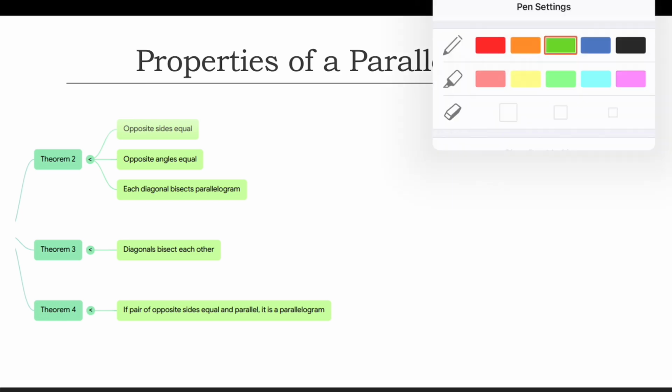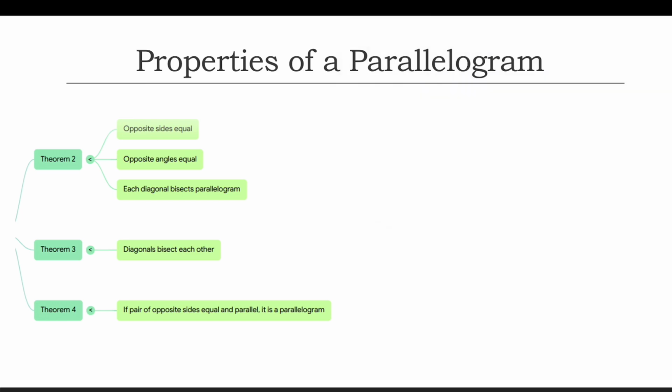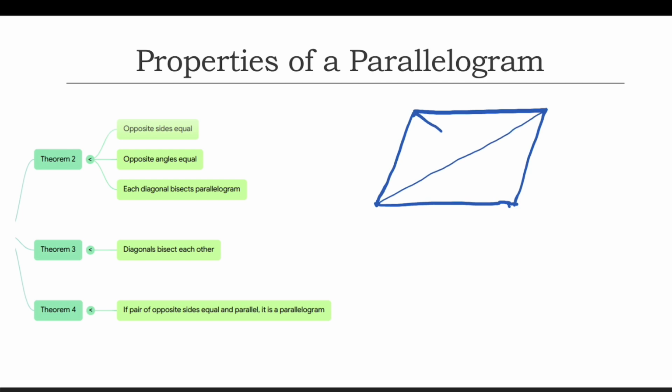Now, what is the third property of a parallelogram? The third property is that the diagonals of the parallelogram bisect each other. So this is a parallelogram, and these are the diagonals, right? A, B, C, D. They are intersecting each other at, let's say, point O. So in a parallelogram, OD will be equal to OB by default, and AO will be equal to OC by default.